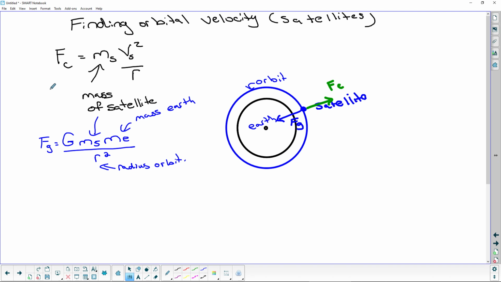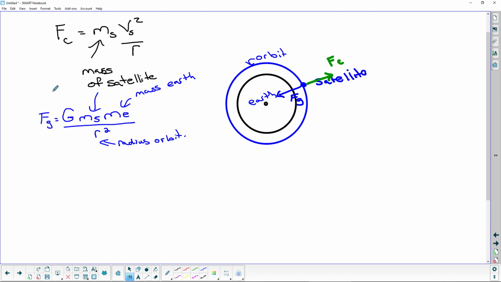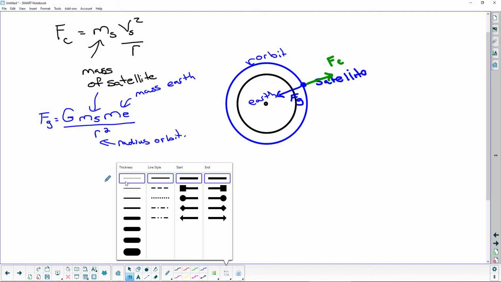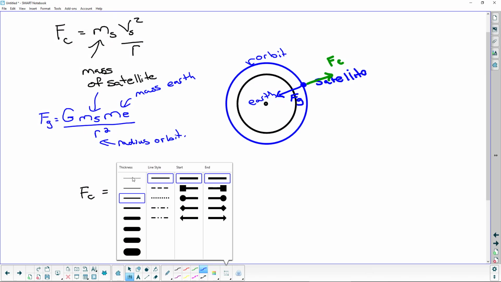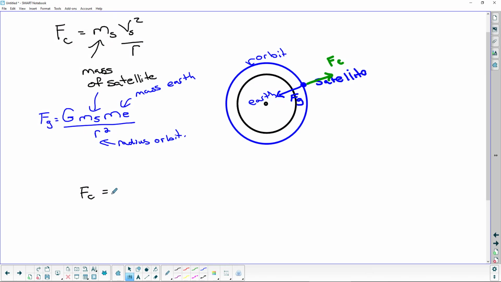So let's equate the two. We're going to say that FC is equal to Fg, which is our gravitational force.